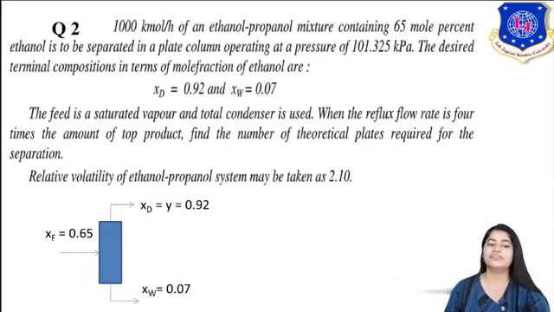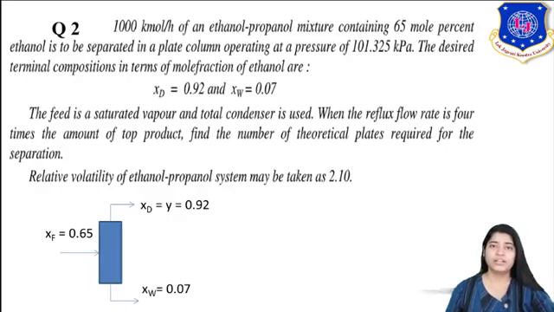Here the feed composition is given as 0.65, and terminal composition means, at the end, the distillate composition and residue composition, so it is 0.92 and 0.07. The feed is saturated vapor and a total condenser is used. When the reflux flow rate is 4 times the amount of top product, find the number of theoretical stages. Here the relative volatility is given as 2.1.